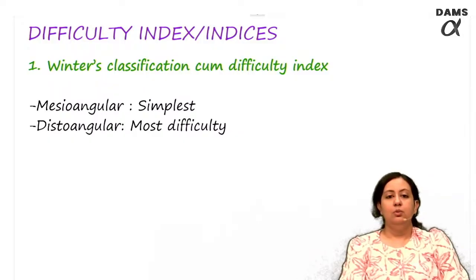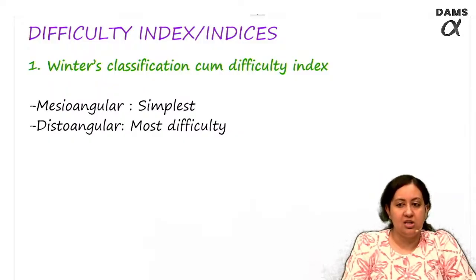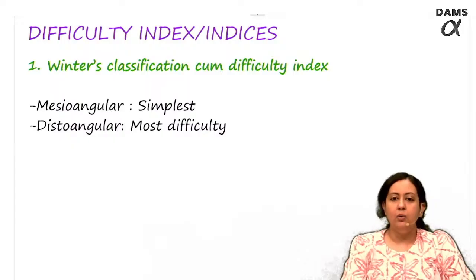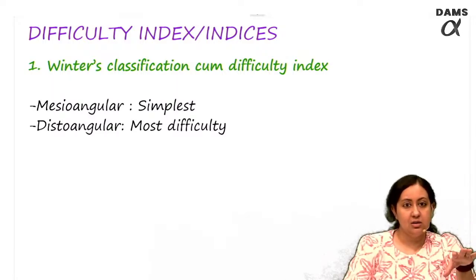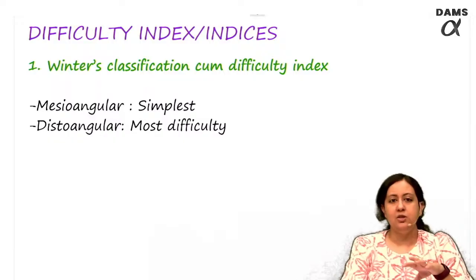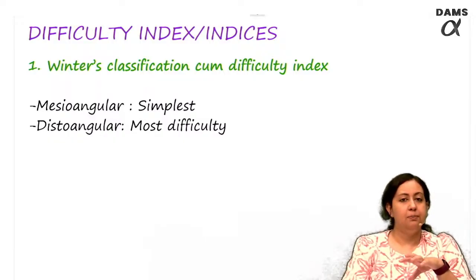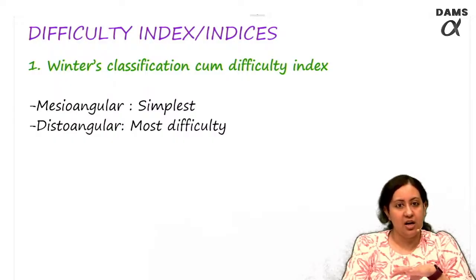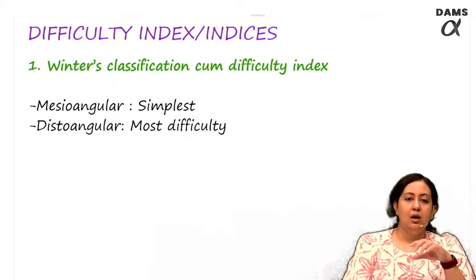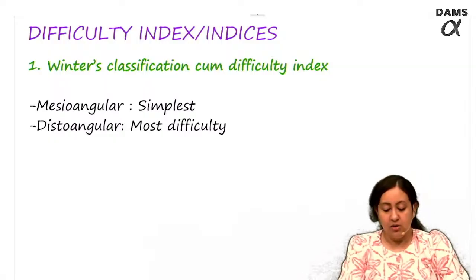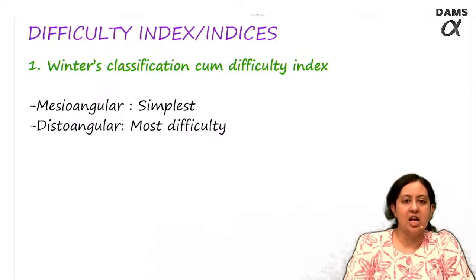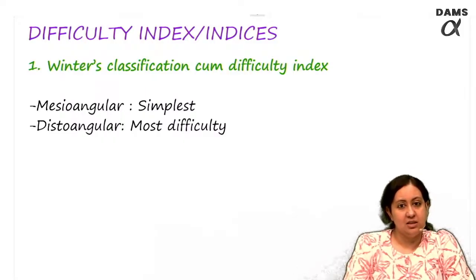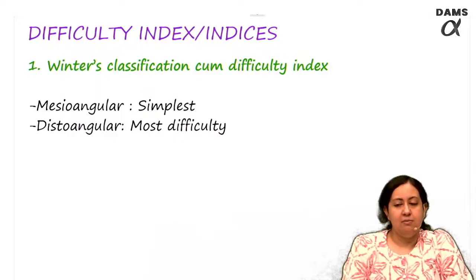Now, with that we complete our radiological assessment. Okay, now we come to the difficulty index. We saw Winter's lines, Ward lines. After that we saw the radiographic criteria, Rudolph-Shahab criteria. But so that every clinician comes to a uniform conclusion, we have certain indices in which we score our impacted teeth.